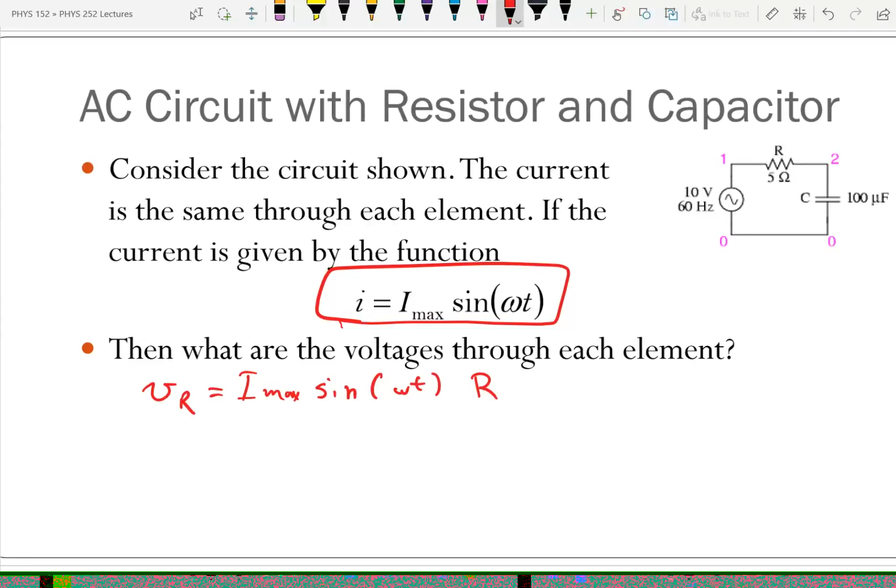Okay, so sorry, that was an interlude. So we have the voltage across the resistor, which we usually would rewrite with the R, I max R, out front, and then put the sine of omega t. And then we have the voltage across the capacitor. Well, how do I find the voltage across the capacitor?